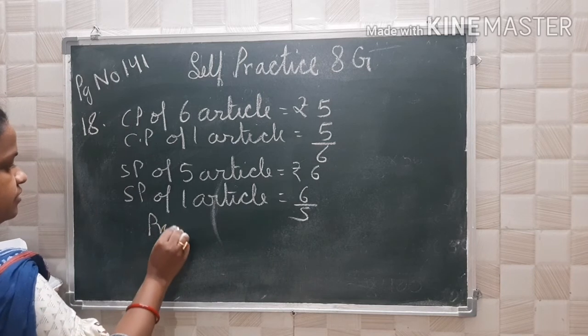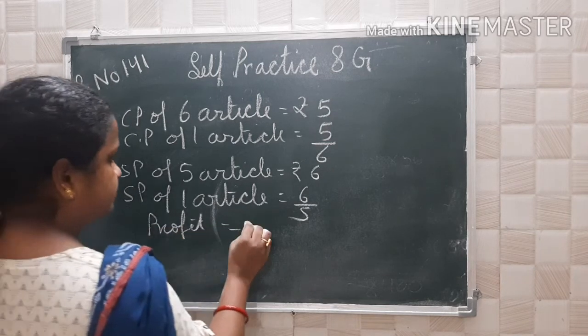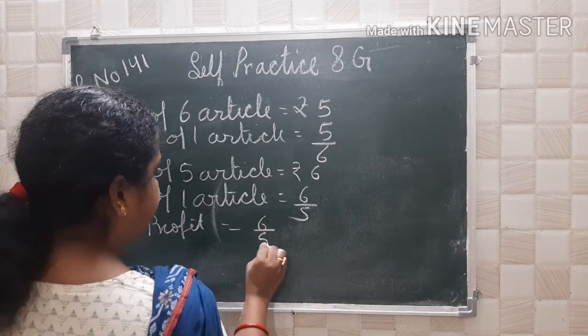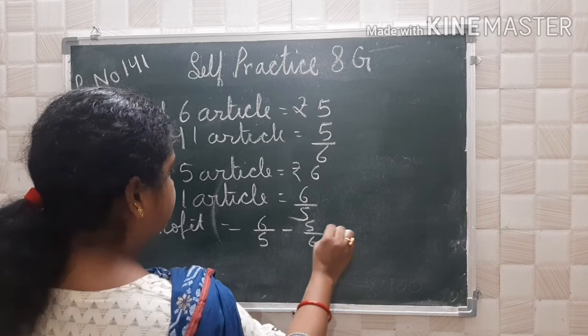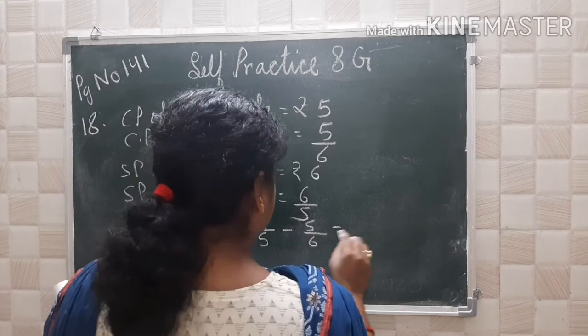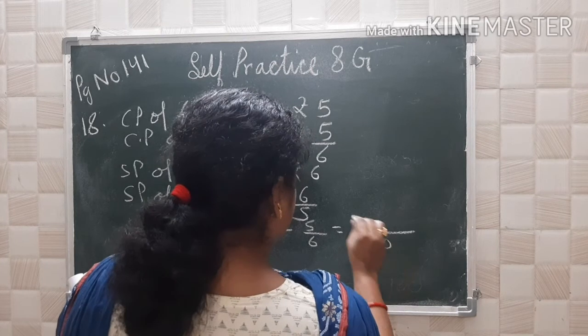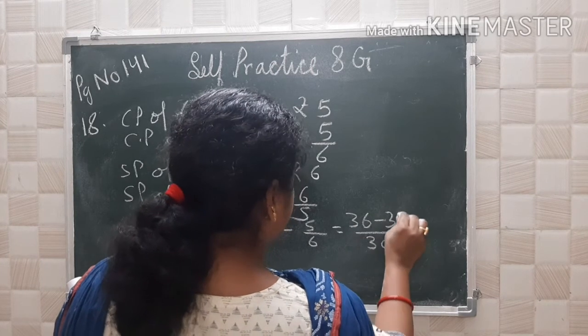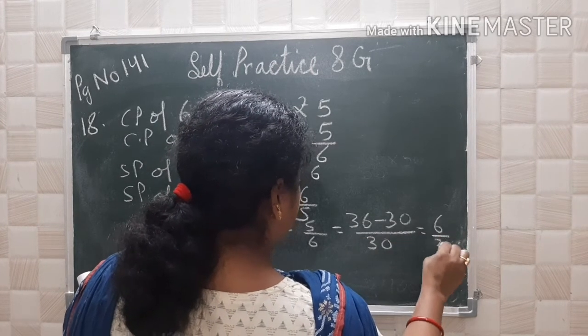Profit is 6 by 5 minus 5 by 6, which is 36 minus 30 upon 30, that is 6 upon 30.